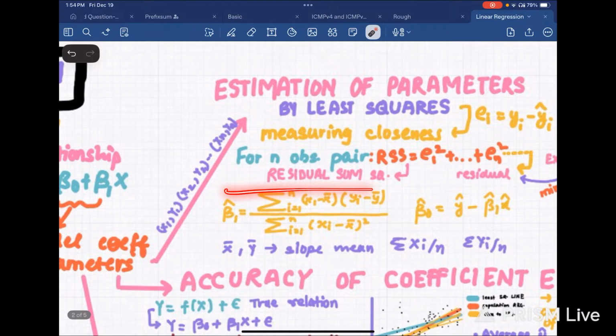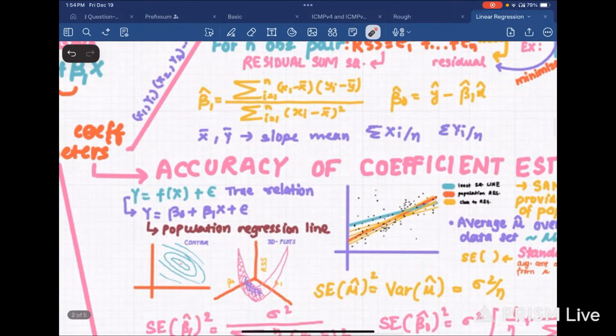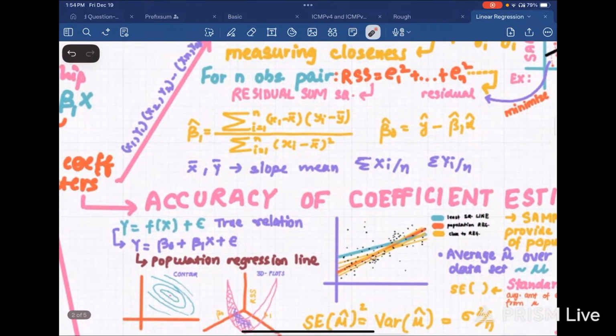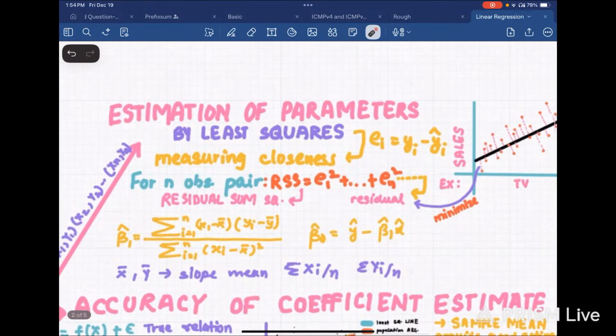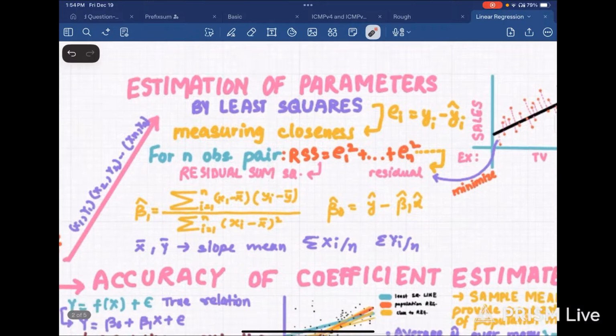It is important to note that for observation pairs, the least square method is often preferred when you do a simple calculation. So you should use the least square method as a starting point for a simple model rather than any other model.